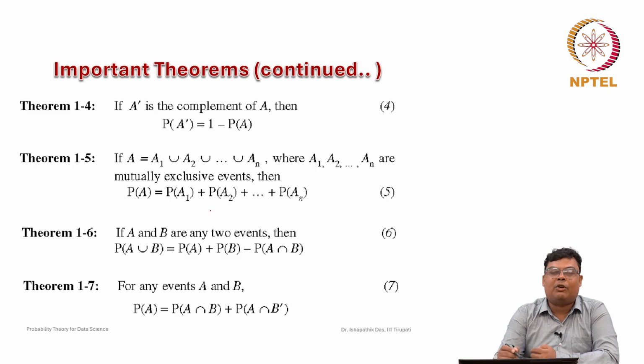It seems very obvious from axiom 3, but axiom 3 is mentioned for an infinite number of events. So we need to prove that it is true for the finite case also. First, let us prove this.